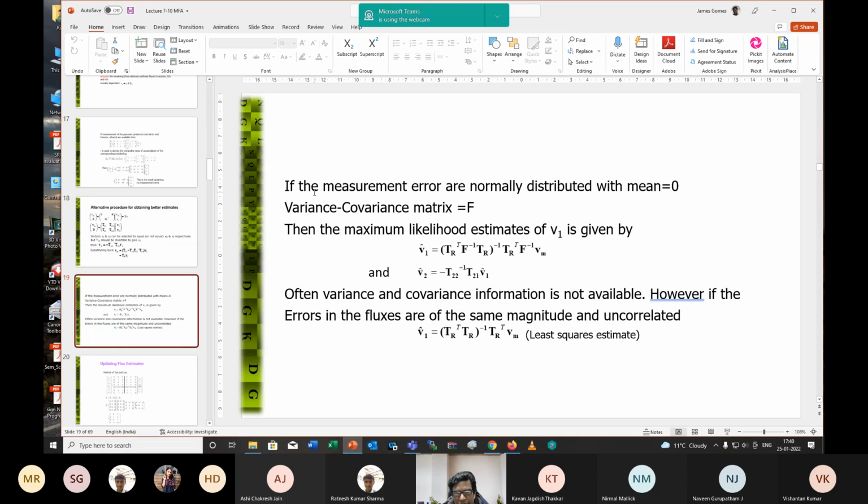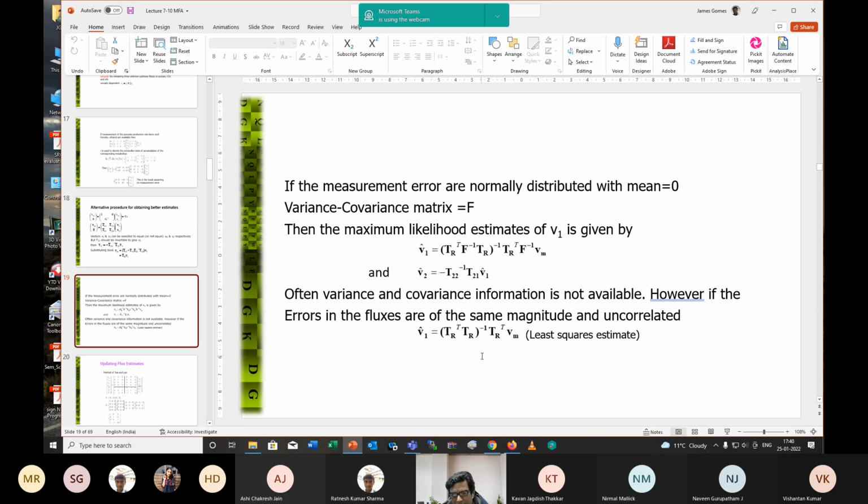So if, for example, you also have a variance-covariance matrix F, then you could do an estimation of this V1 and an improvement of that based on these maximum likelihood estimates. Then this becomes a form where you have this TR, almost like the square multipliers of a matrix, where you use the variance-covariance information, put it here, and get a better estimate of the result.